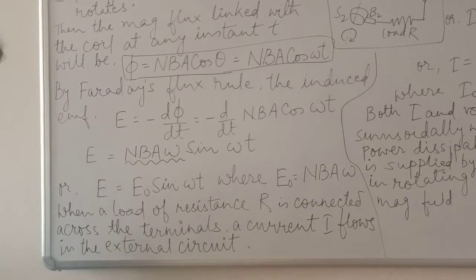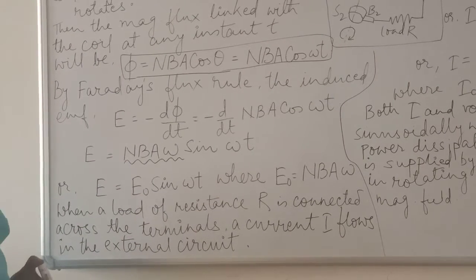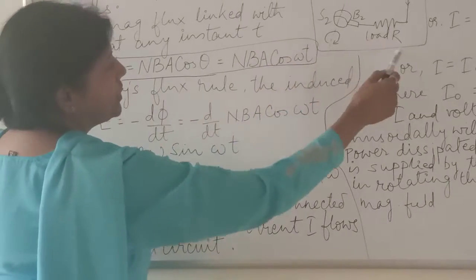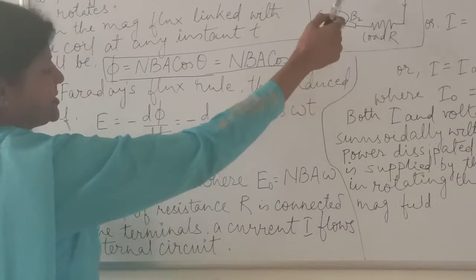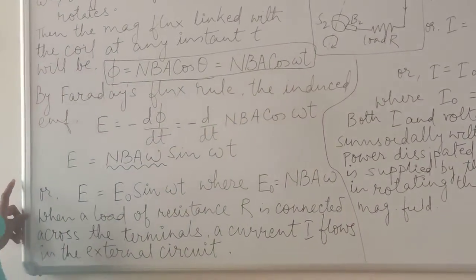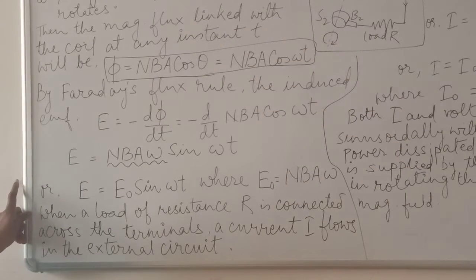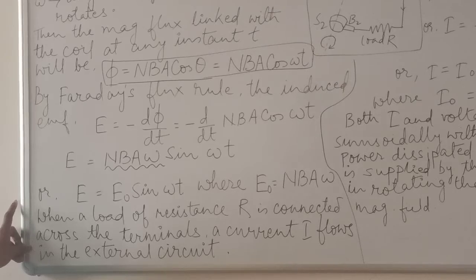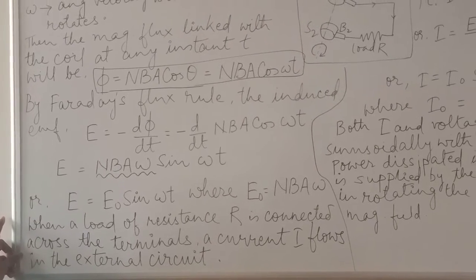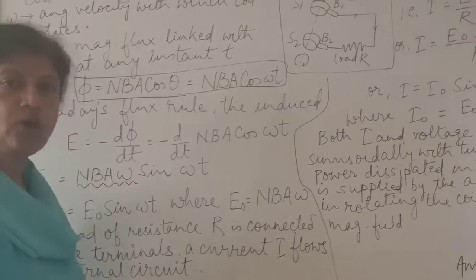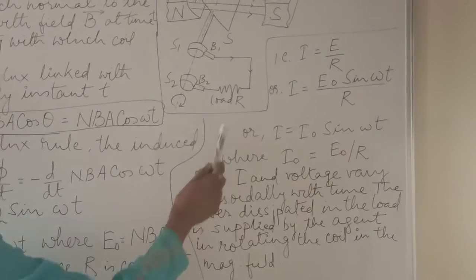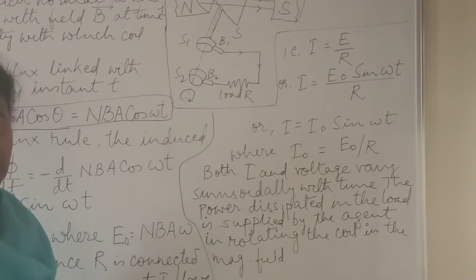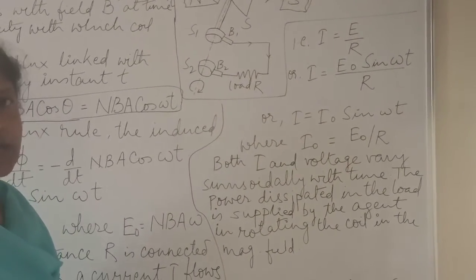When a load of resistance R is connected across the terminals, a current I flows in the external circuit. From Ohm's law, V is equal to IR, or E is equal to IR.